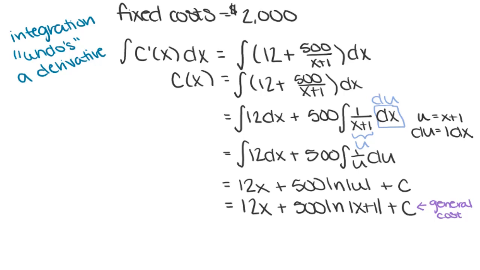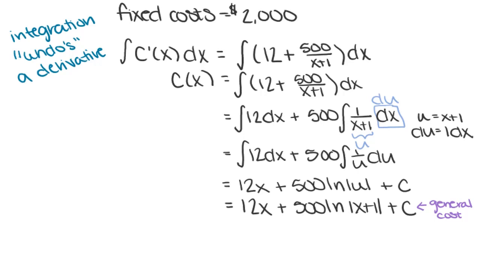Now we want our cost function where our fixed costs are $2,000. Now this isn't something that's been explicitly stated in this class, but we can kind of look at the word itself, fixed cost. Fixed being something that doesn't change, doesn't vary. It's a static value, okay? So what that means is we're looking at a value that doesn't depend on the number of items produced, or in this case, doesn't depend on x.